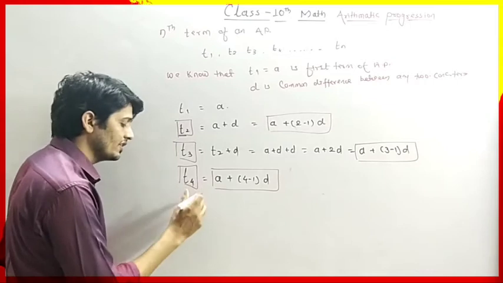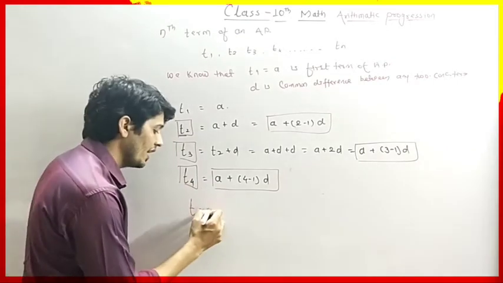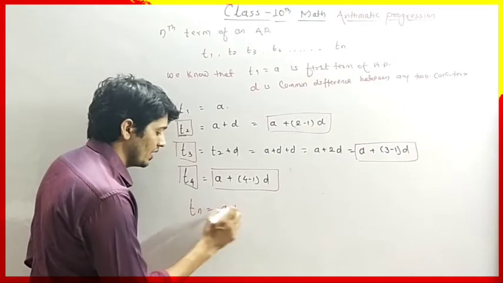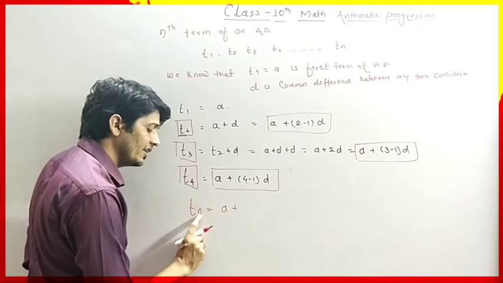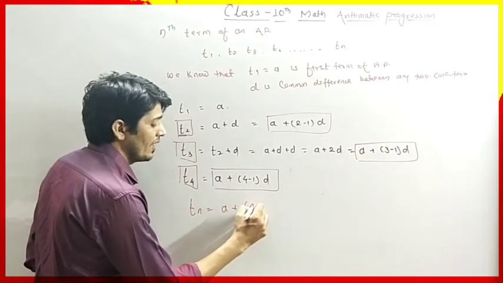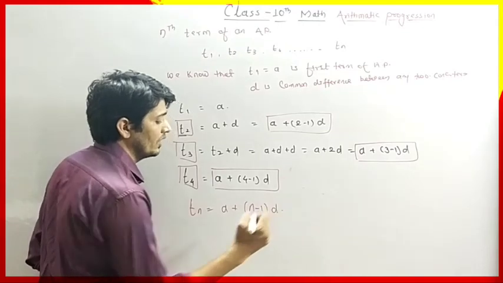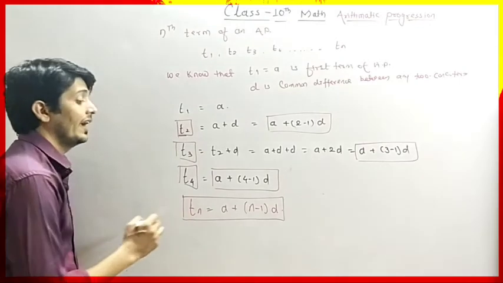Suppose this 4 is nothing but n. Then tn equals a plus n minus 1 into d. So this is the formula for the nth term.